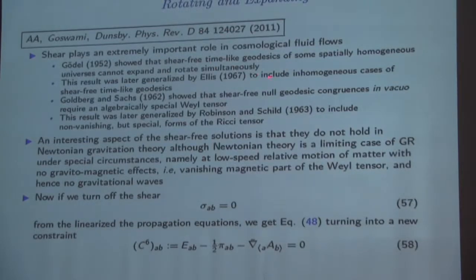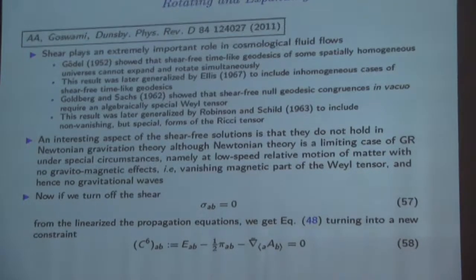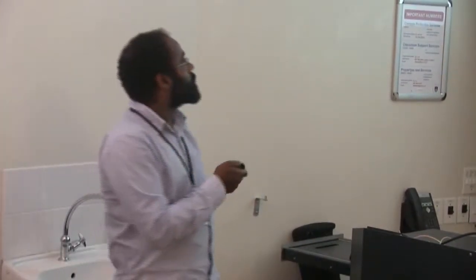And this result was later generalized by George Ellis to include inhomogeneous cases of shear-free time-like congruences. And an interesting aspect of this is that those conditions I mentioned here do not actually hold in Newtonian gravity, although we know that Newtonian gravity is just a special limiting case of general relativity. So one would expect that if that condition holds in GR, it should also hold in Newtonian gravity when the special condition does.